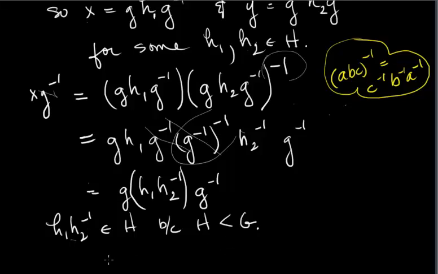So, of course, that's an element of H. And we have, therefore, XY inverse does live in G capital H G inverse. And we can conclude that it is a subgroup.